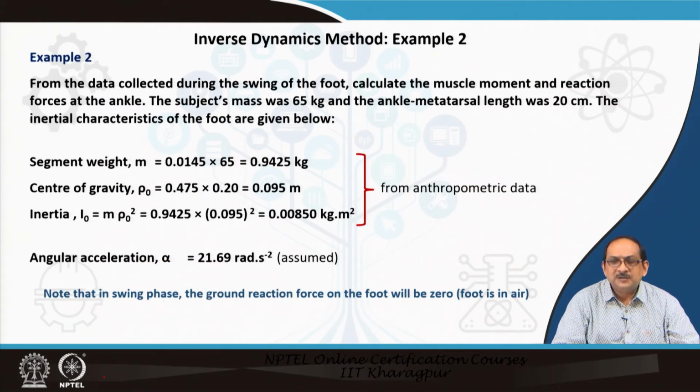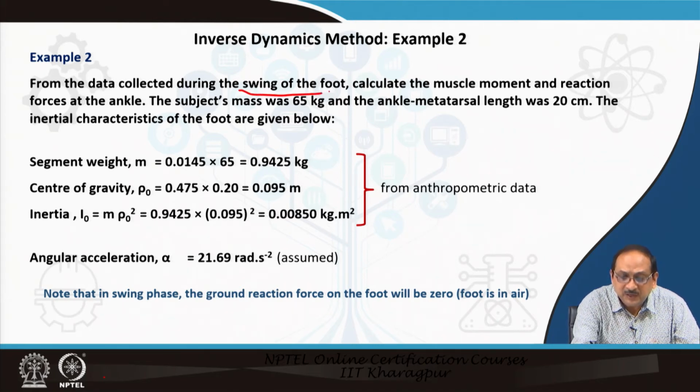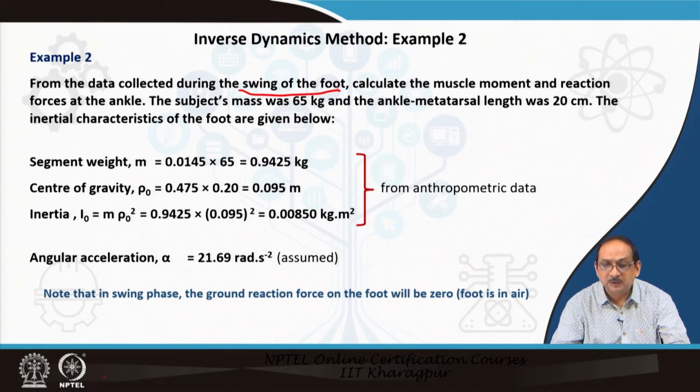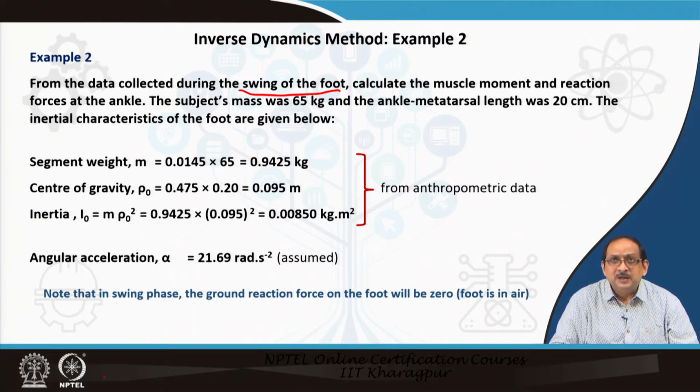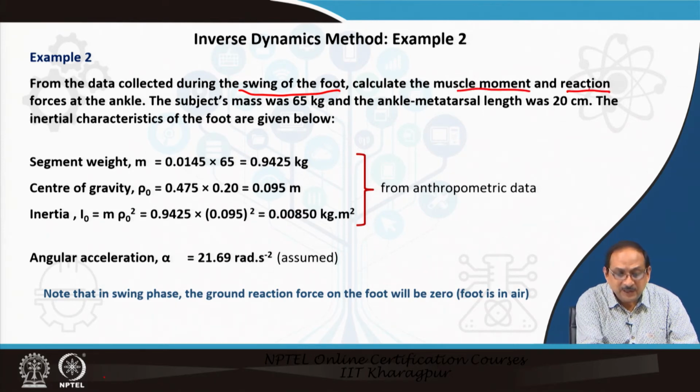Let us discuss the second example on inverse dynamics method. So, let me define the problem here. From the data collected during the swing phase of the foot, we are asked to calculate the muscle moment and the reaction forces at the ankle joint.